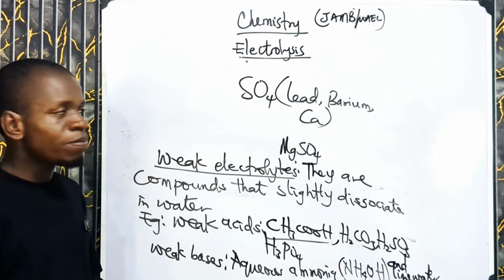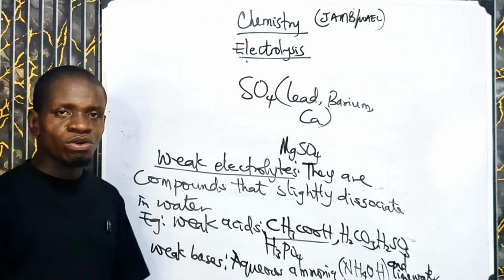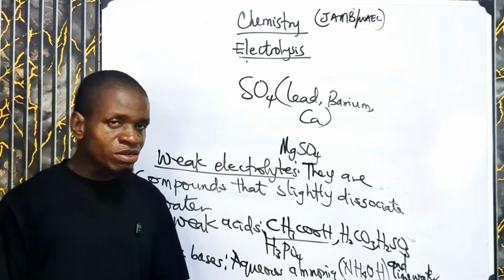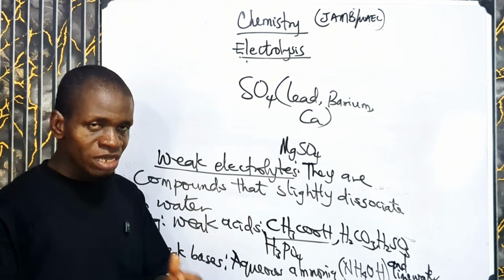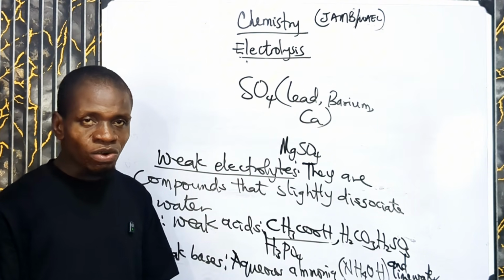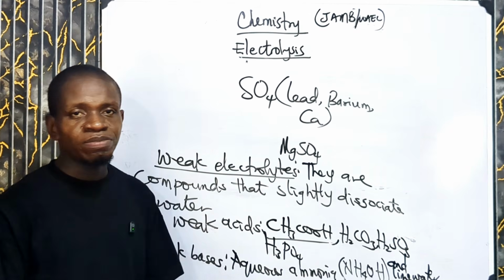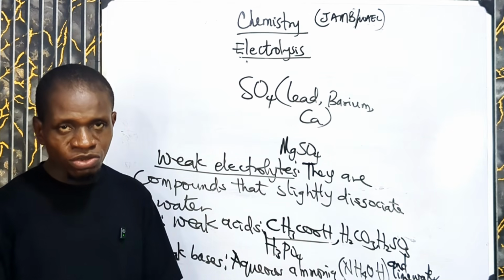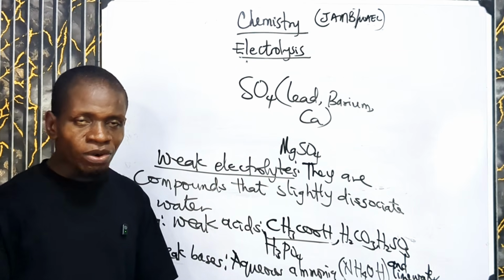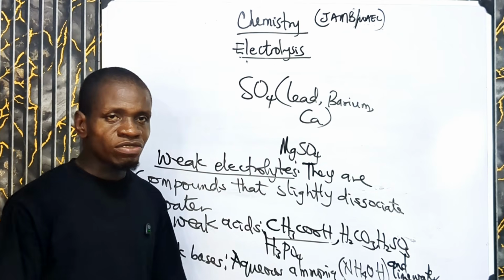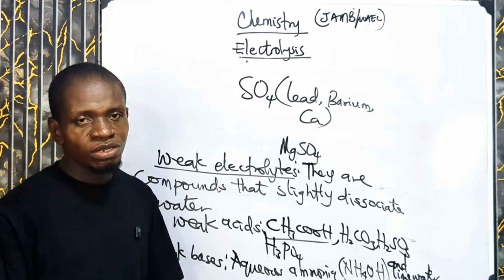Okay, now since we've talked about that, let's talk about conductance. You remember, these electrolytes conduct electricity, either by means of ions for molten, or by means of hydrated ions for aqueous solution. But let's see the level of conductivity. So let's talk about the conductance of electrolytes.